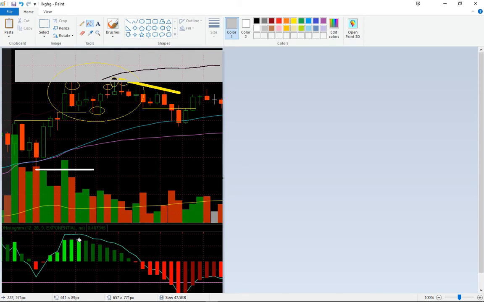And then it's about an hour into the market or more. And then the MACD histogram starts falling off very quickly, and then it flips to the other side.